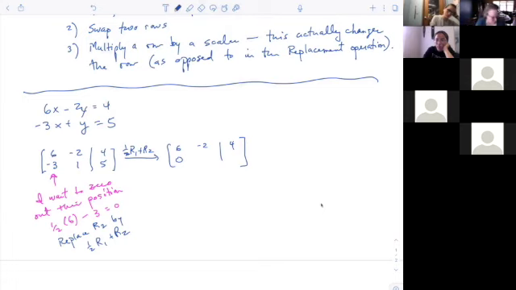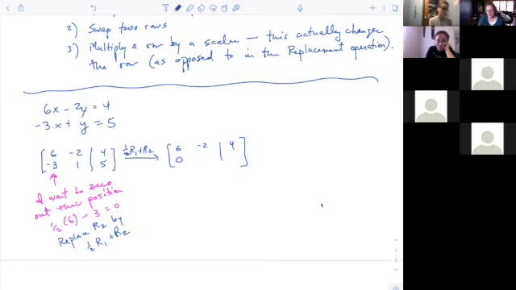Why can't we just multiply the second row by 2? Yeah, you could. There are two different things going on here. One is, do I want to solve the system by whatever way I can? In which case I would agree with you: I would multiply the second one by 2, add them together, and go with that. But that's not really what I want to get across to you.